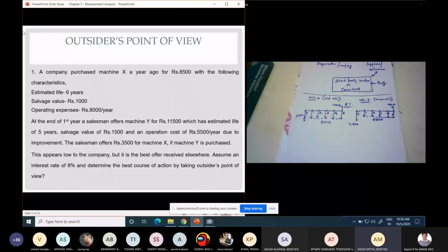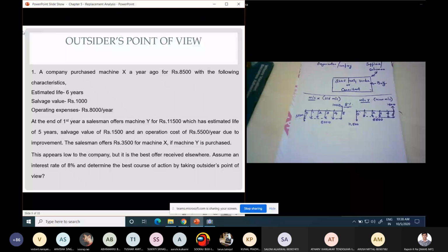No, no, no. Here you cannot do that. If you do that, you will be considering the sunk cost again. Here 1 year has already been completed, right? All the problems which we have solved from the second unit up to the last class, if you remember, we considered the initial cost at time zero, the annual operating cost, and salvage value, and calculated the present, future, or annual values.